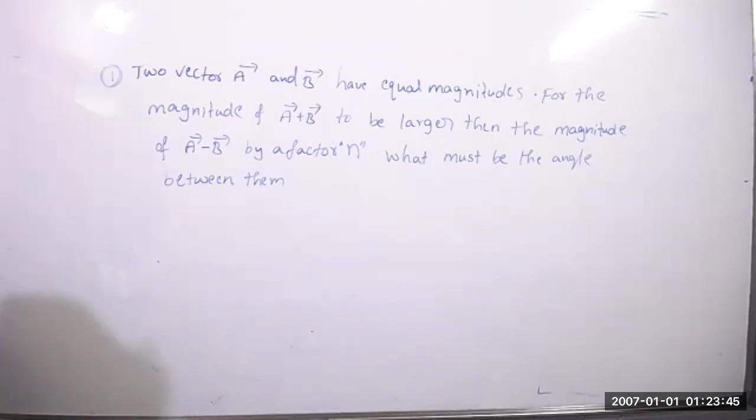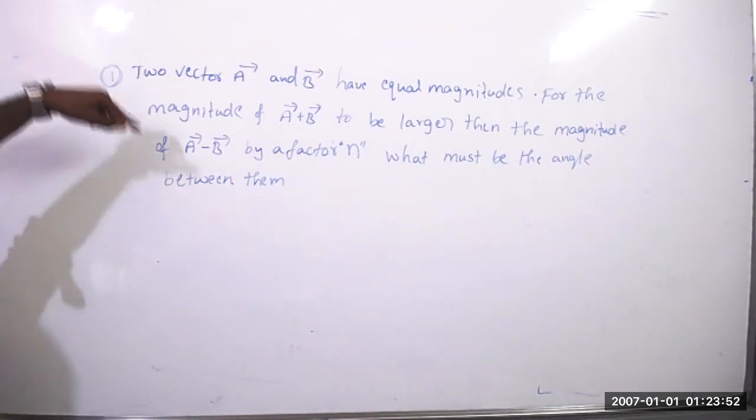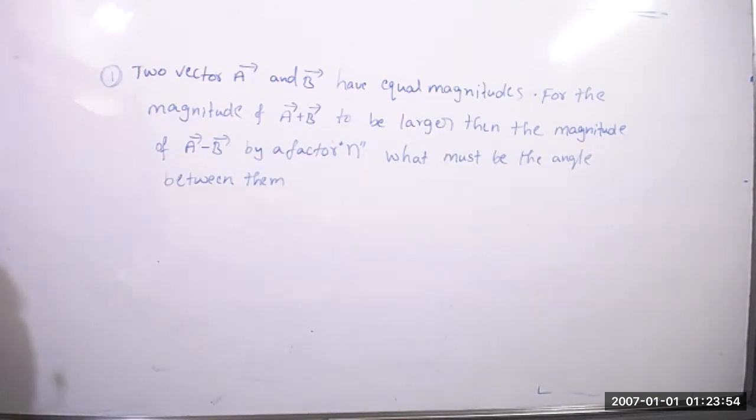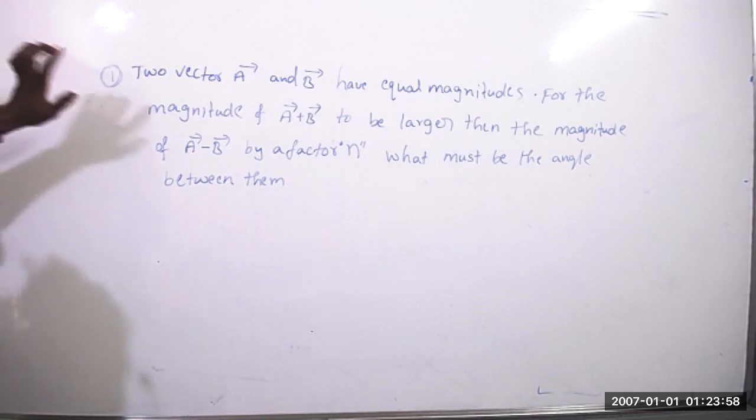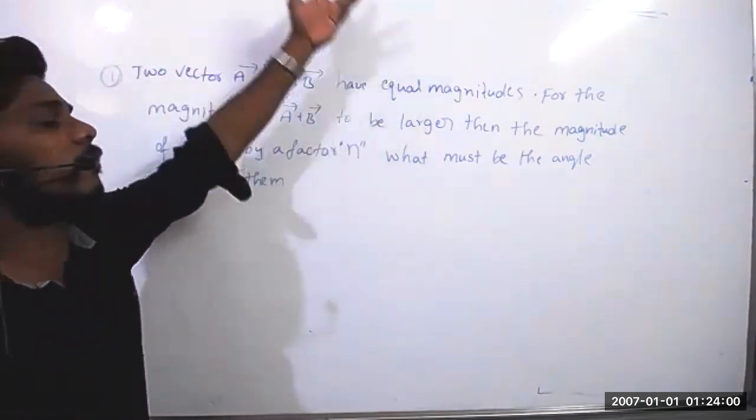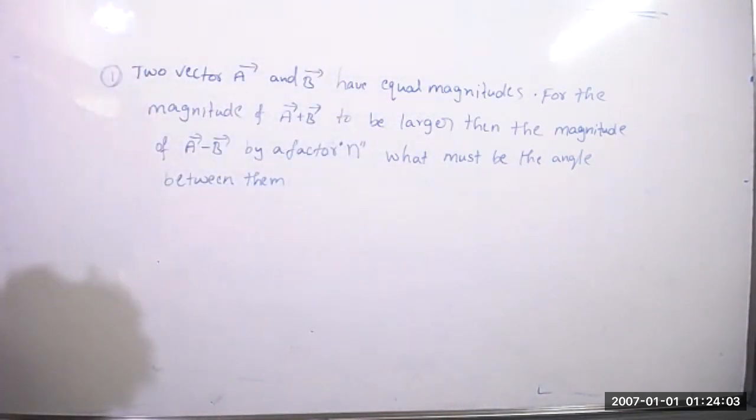Just a minute, sir, thinking. Directly you can write, actually you know everything. A bar minus B bar, what is the value you know? A bar plus B bar also value you know, when the two vectors have equal magnitude. Everything you have. Now I want to see. Anybody? Rajashree, Tanya, Trisla, Bhanupriya.